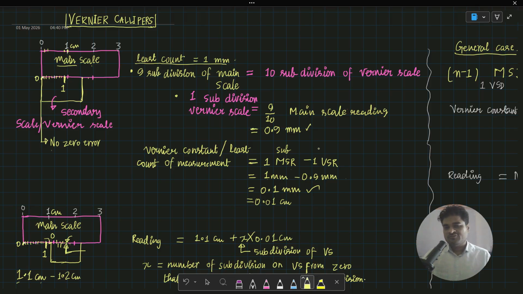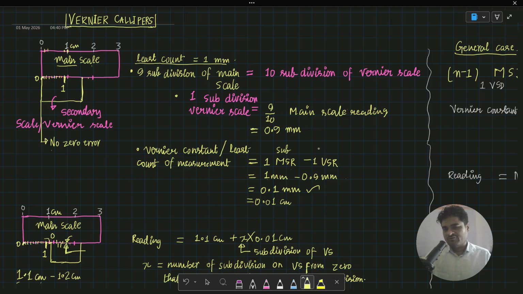So from this we define a quantity that is called Vernier constant or least count of the measurement. Using these two scales with different least counts, because least count of main scale is 1 millimeter and least count of the Vernier scale, the secondary scale, is 0.9 millimeter. Hopefully this is clear, because one subdivision of Vernier scale can now read 0.9 millimeter.